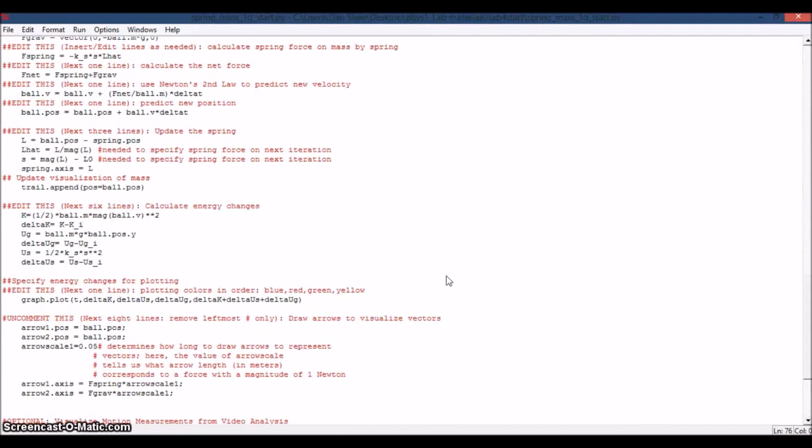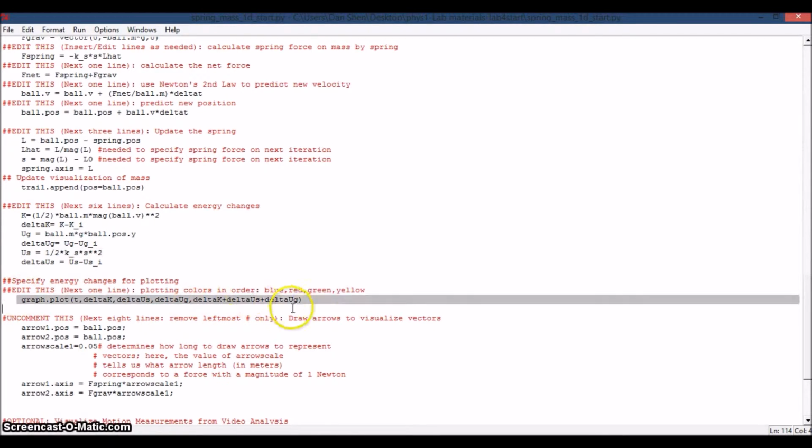Once we calculate the net force, we're going to use that to help calculate the velocity of the ball, and then ultimately use the ball velocity to calculate the position of the ball. Once we know that, we're going to use that to calculate the kinetic energy, gravitational potential energy, and spring potential energy, and ultimately calculate the change in each of those respective energies after each iteration and graph that on a graph seen over here.